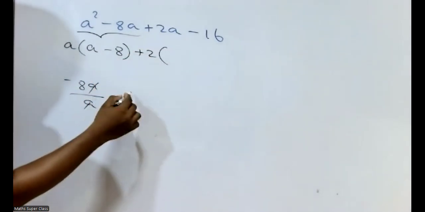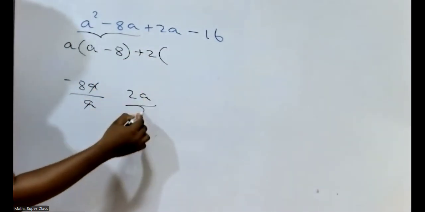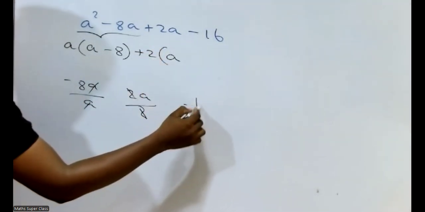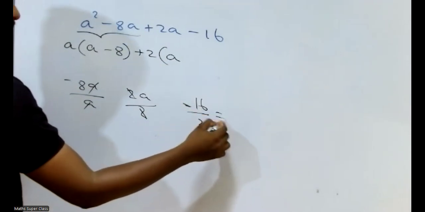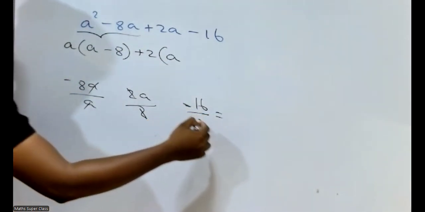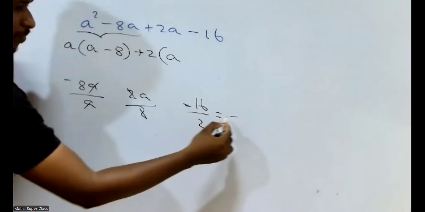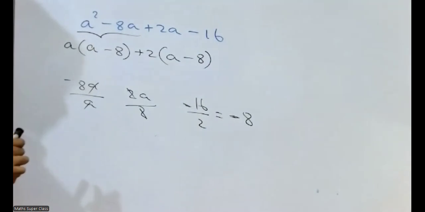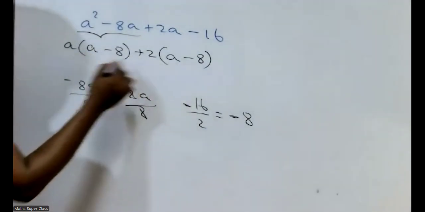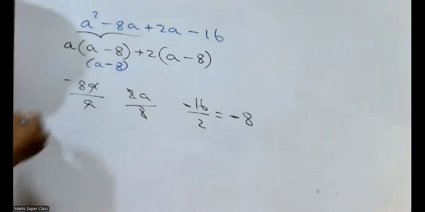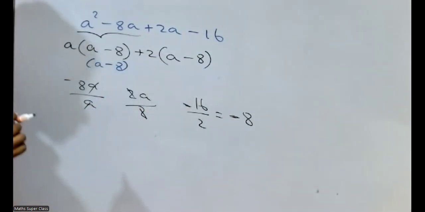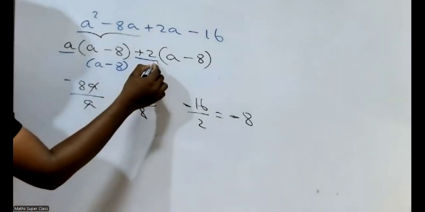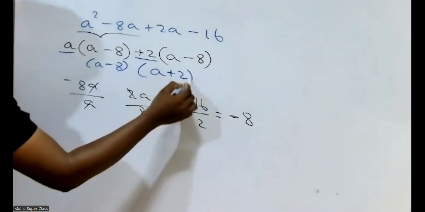Then plus 2a divided by 2 is a, minus 16 divided by 2: minus divided by plus should be minus, 16 divided by 2 is 8. So a minus 8, a minus 8. Then after that one, a plus 2. Got it, Samir?